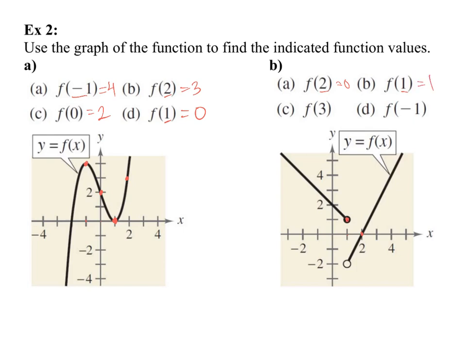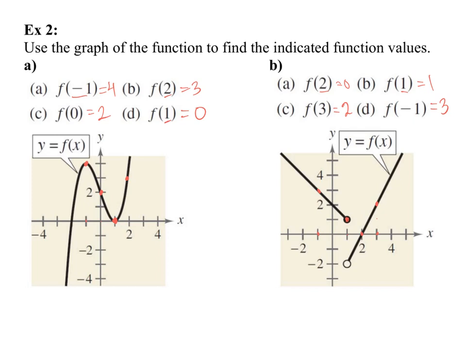And for 3, here's 3, and I'm going to go up. It's not here, it's a little more. Right there. So my output, or my y value, is 2. And for the last one, negative 1, what is my y value? Right here, it's 3. Really simple stuff once you understand it all.